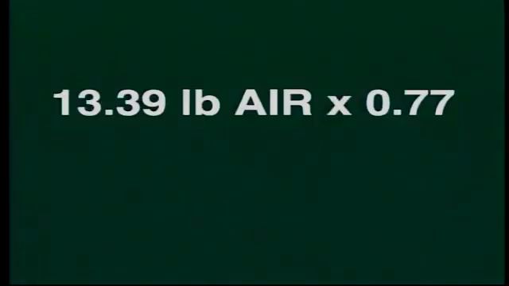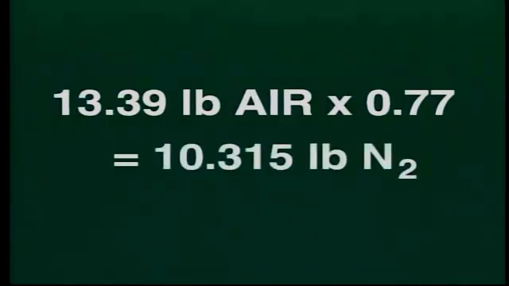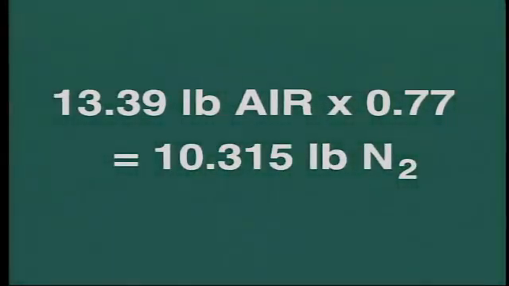But that is not all, is it? Remember that we supplied air, and 77% of this, by weight, consists of nitrogen. Multiplying our theoretical quantity of air required by 0.77, we find that the flue gas includes 10.315 pounds of nitrogen.